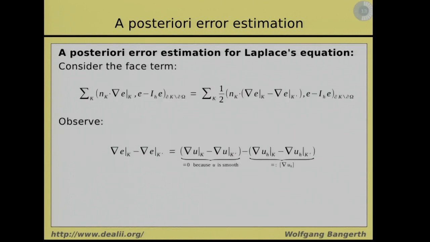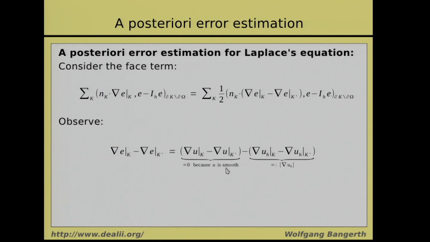All right, so let's keep looking at this. So if I say gradient E on K minus gradient E on K prime, let me write out E as U minus UH. Okay, so gradient U on K minus gradient UH on K minus gradient U on K prime minus gradient UH on K prime.